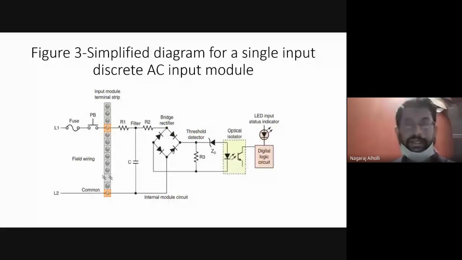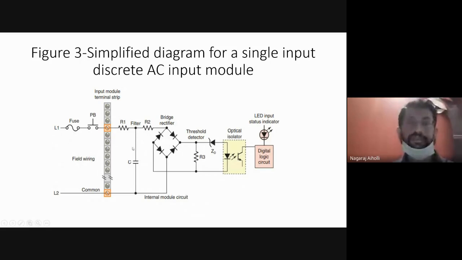The reason why they are connected in this fashion is that we are applying the AC signal here. At the input, we are applying the alternating input, that is a sine waveform. For the positive portion of the sine waveform, two of these diodes are in the on state.